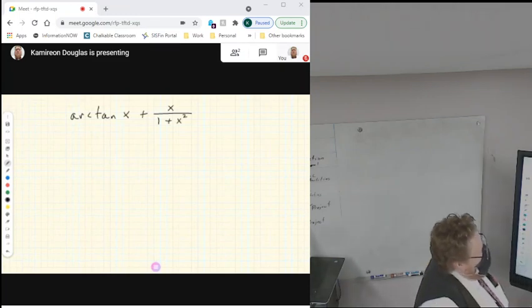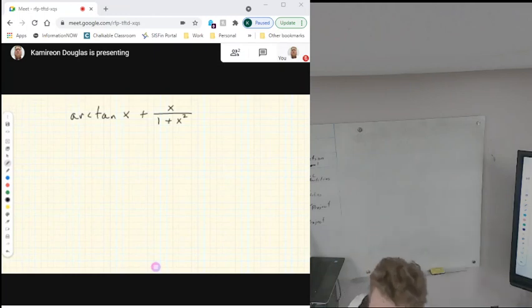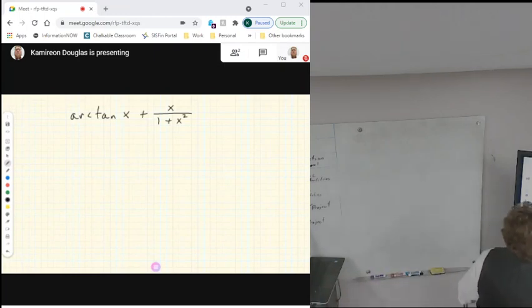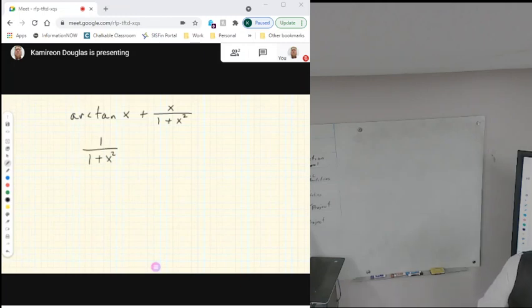And yes, the left-hand piece, we just apply the rule directly. The right-hand piece, we have to do a quotient rule. So this one would become 1 over 1 plus x squared plus the quotient rule, low d high minus high d low.